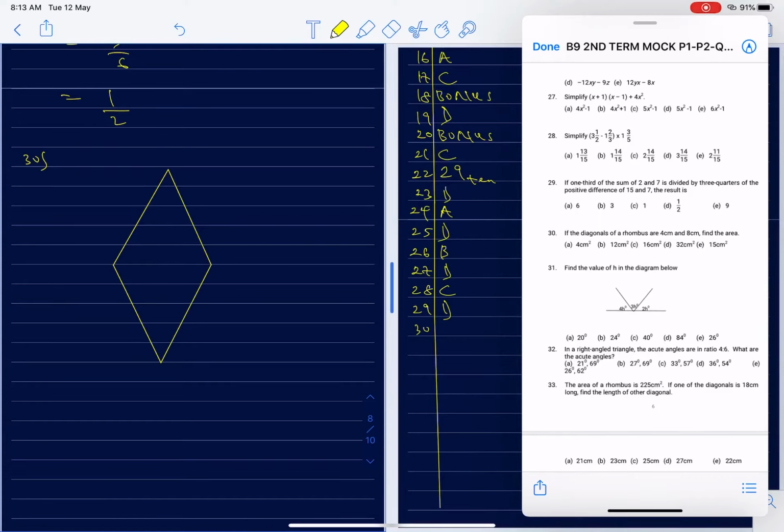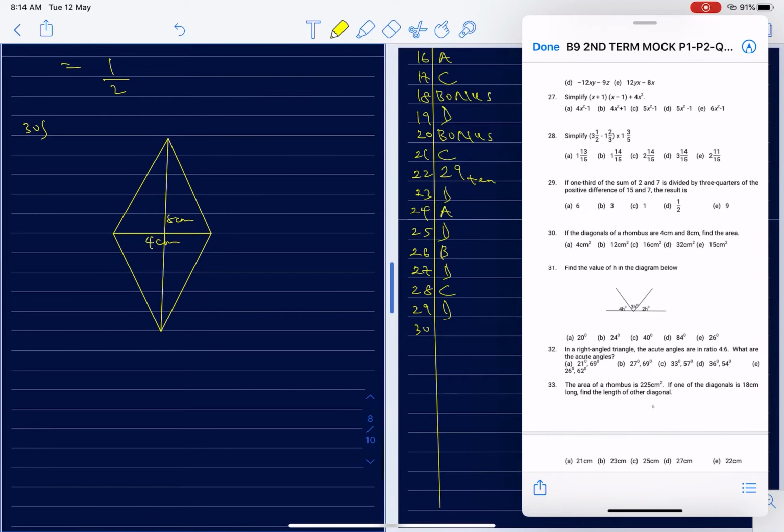If the diagonals of a rhombus are 4 and 8, that means the long diagonal is 8 centimeters, while the short one is 4 centimeters. I think I'm going to put the 8 centimeters here. The short one is 4 centimeters and the long one is 8 centimeters. Now, find the area.